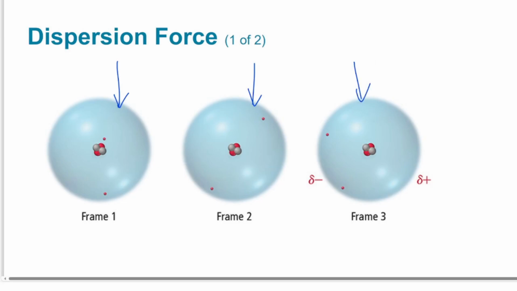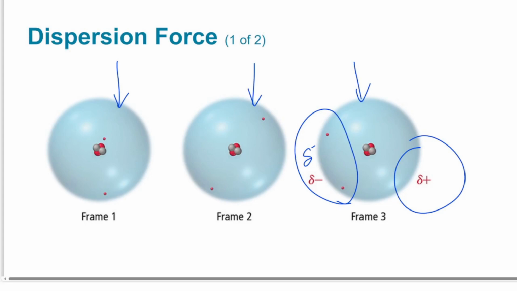So the electrons are constantly moving around the atoms, and the region of the atom that has more electron density may exhibit a partial negative charge, and the region of the atom that has less electron density will exhibit a partial positive charge. So these are very brief-lived dipoles that are created in molecules from the normal distribution of electrons.